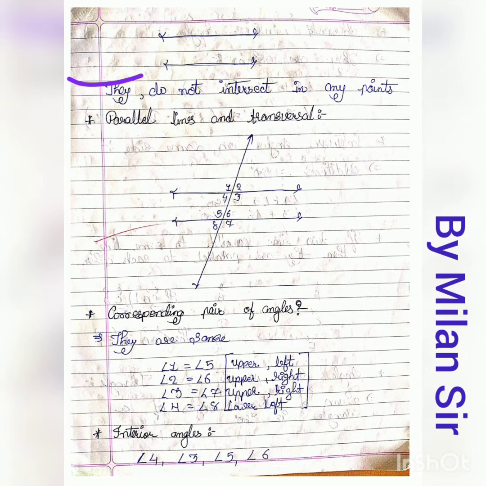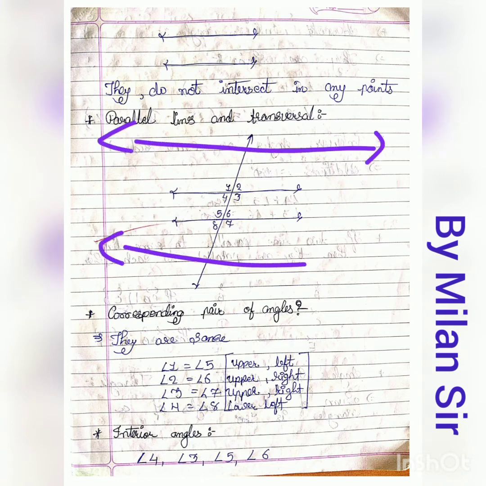Here we have two things for the parallel lines. Parallel lines do not intersect anywhere, and second, the perpendicular distance between these two lines is the same at every point.